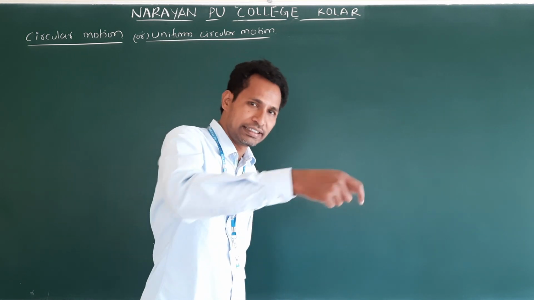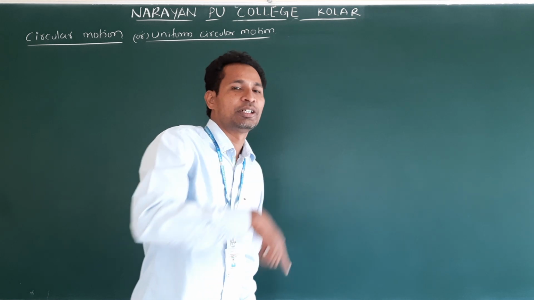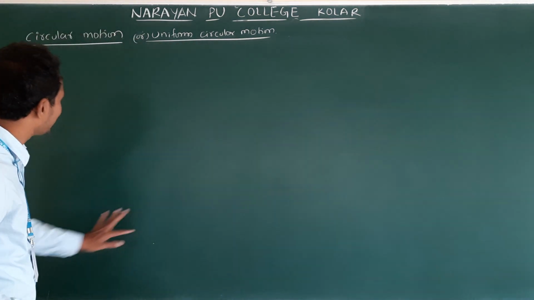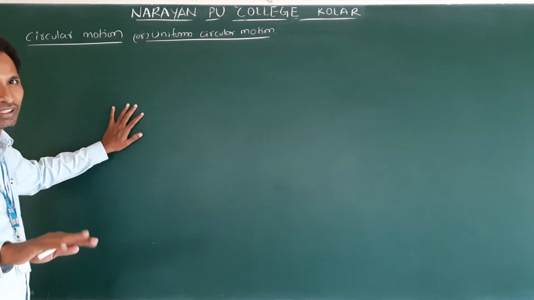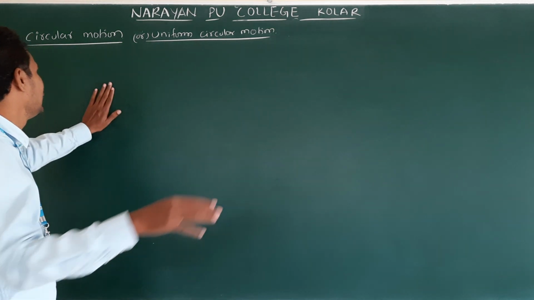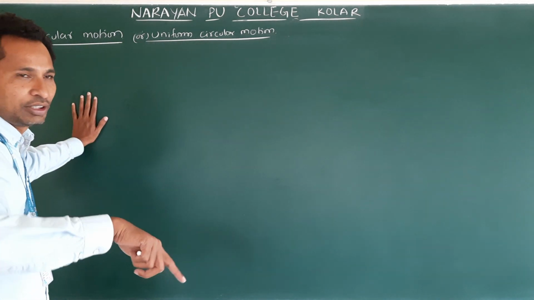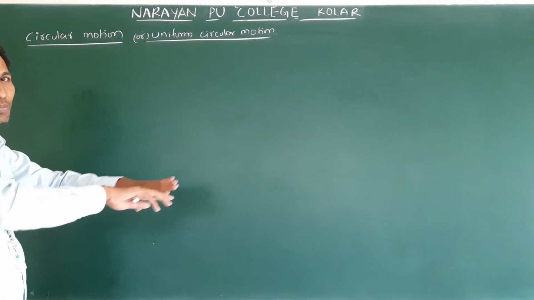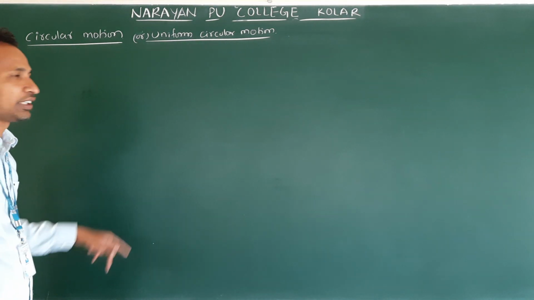So now we are discussing the horizontal plane. But the figure I will draw on the board, so it looks vertical. Don't consider that, okay? This is only horizontal, but on the board it is not possible to draw it as horizontal. Clear?